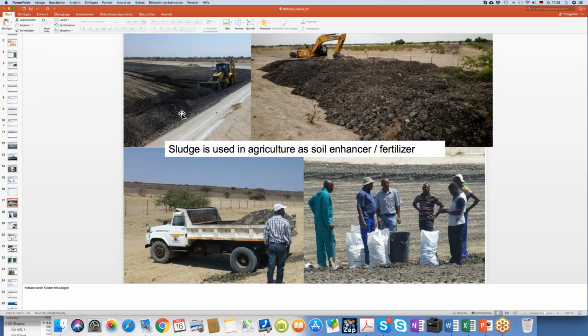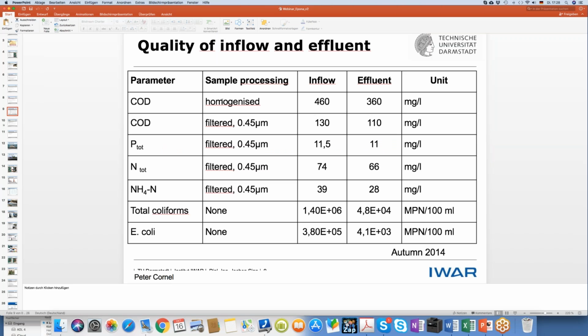As you remember, when I look at this slide here, you find that the quality of the inflow and effluent is not very much different. So we think, and we are mostly sure, that with pre-treatment you can enhance the effectiveness of the waste stabilization ponds very much more than they are now, and they will work much more effectively.